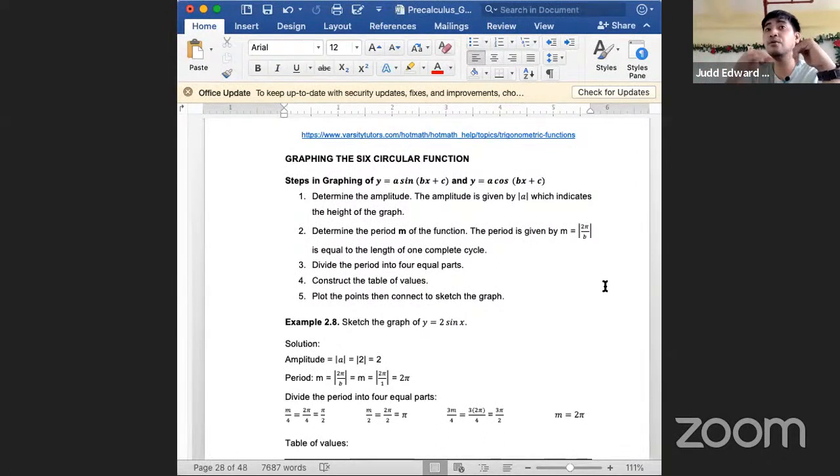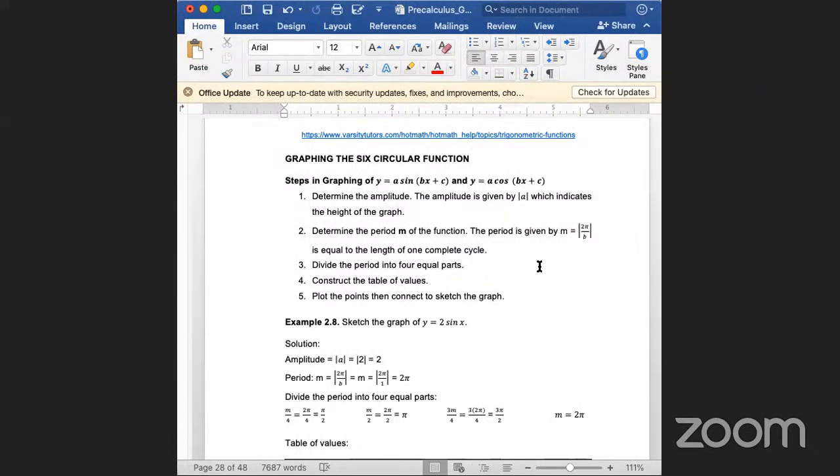So siya yung number before the function. For example, y is equal to 4 sine x, ibig sabihin, tataas siya ng 4, bababa siya ng 4. Ganun din, y is equal to negative 4 sine x, tataas siya ng 4, bababa siya ng 4. So yun po yung amplitude.